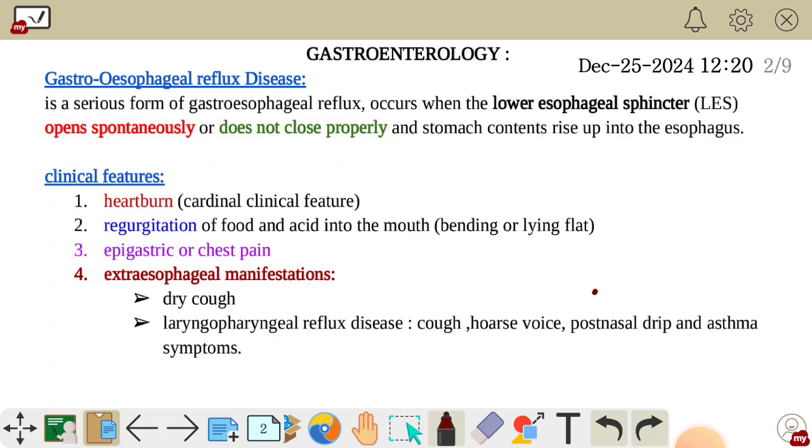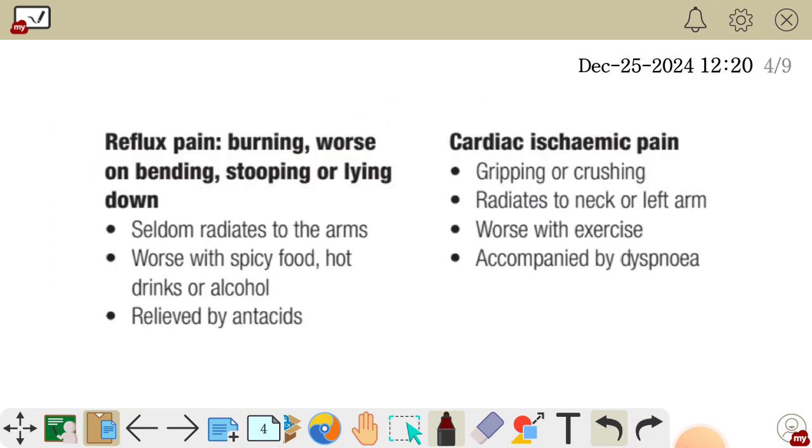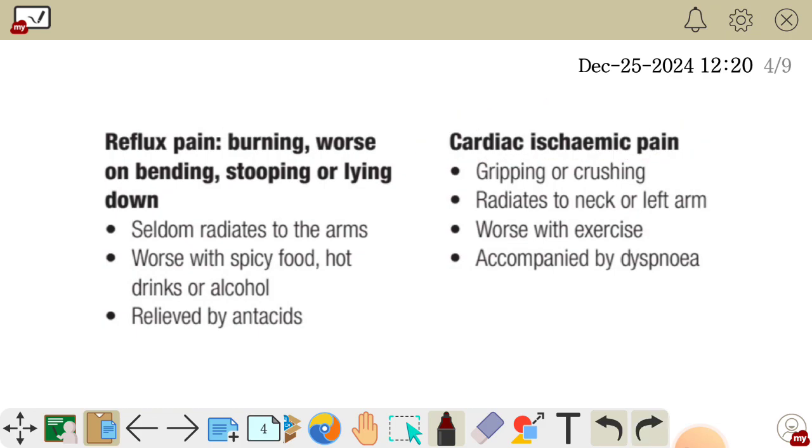Okay, talking about the chest pain which is felt in gastroesophageal reflux disease, how can we differentiate it from the one felt in cardiac ischemic pain, that is, in myocardial infarction or in angina? The reflux pain is burning, and it is worse on bending, stooping, or lying down.